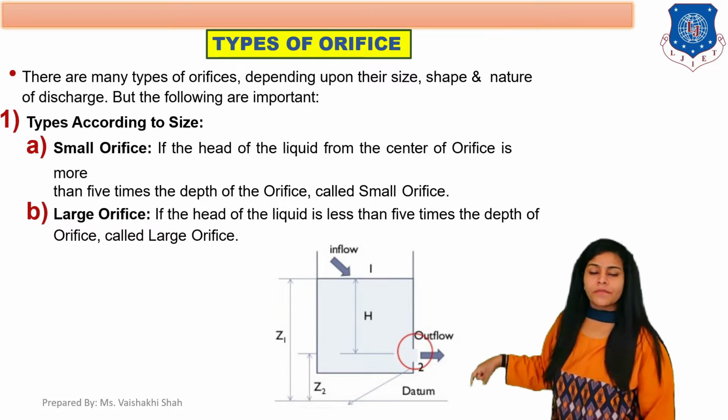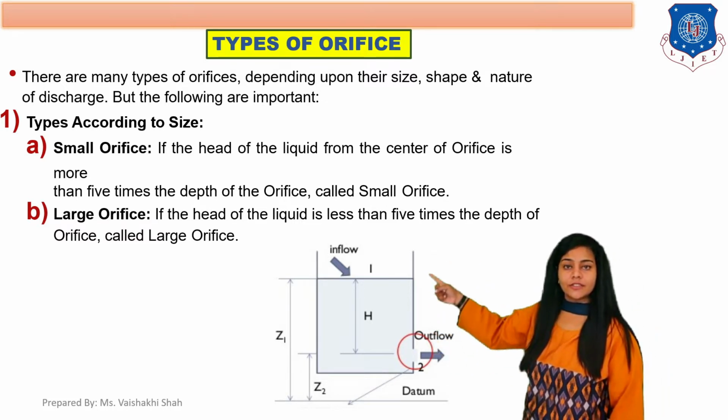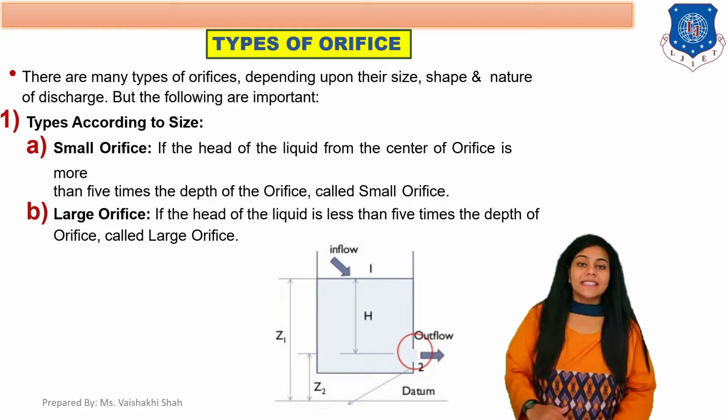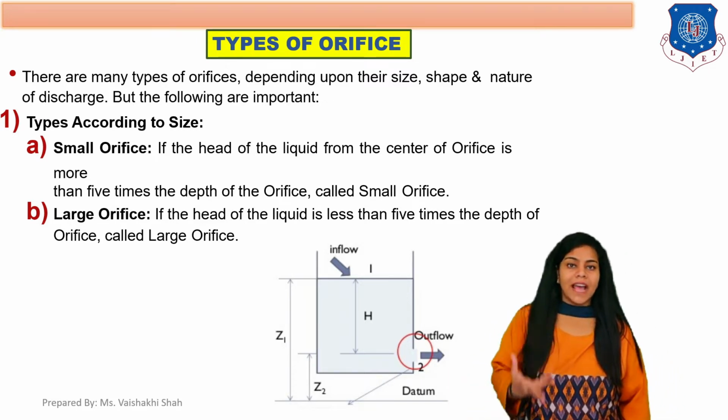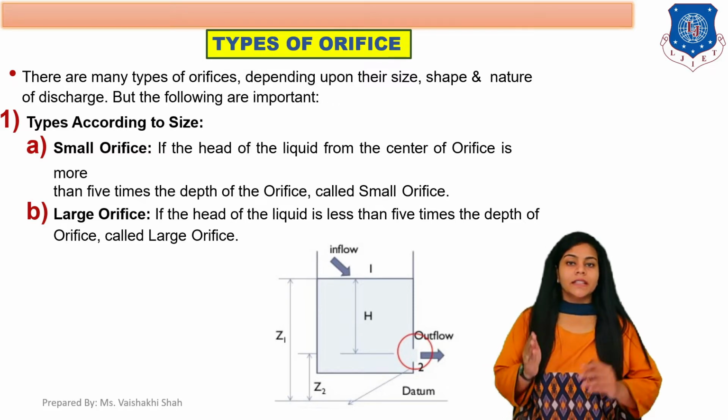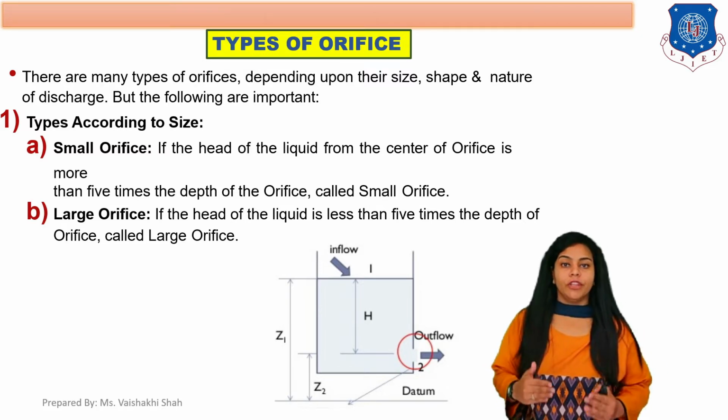And if this height H is less than 5 times D, where D is the depth, or the diameter in a circular orifice, then it is called a large orifice.